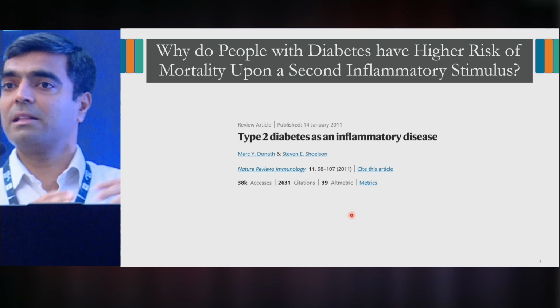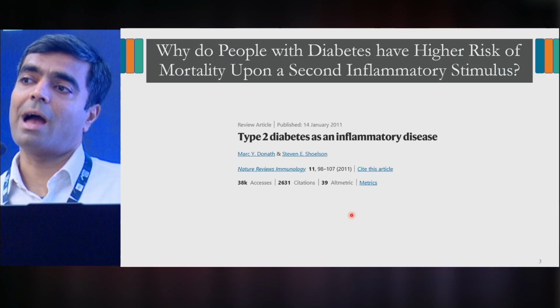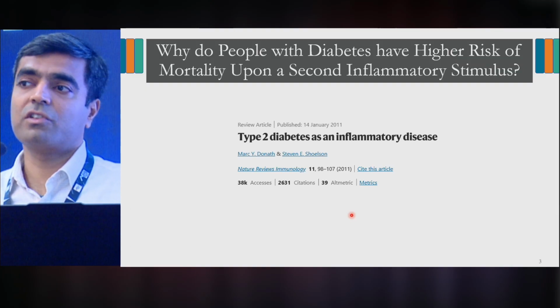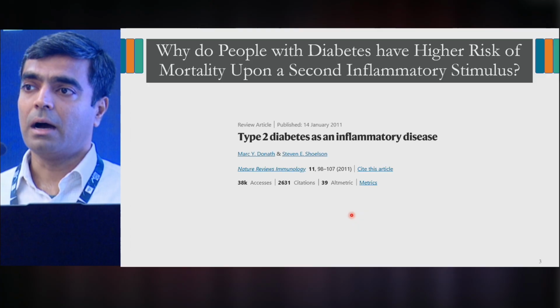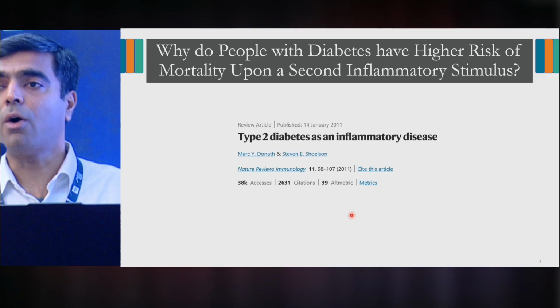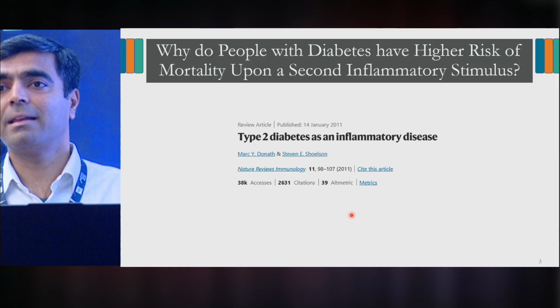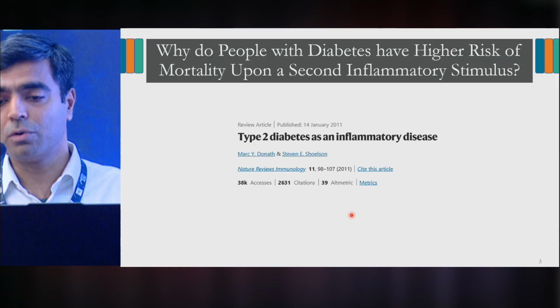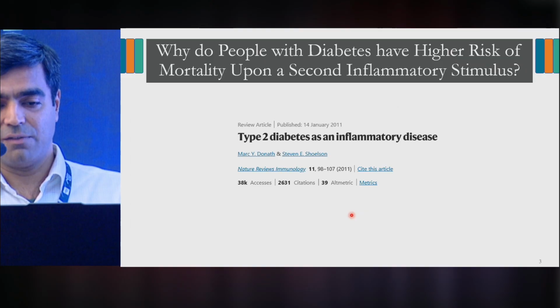Diabetes being the first inflammatory stimulus, and then when you add a second one, whether it's COVID or influenza or surgery or another infection or injury, you get worse outcomes. How do you replicate that in an animal model for us to ask basic questions, test new drugs and so on? That was the key feature.